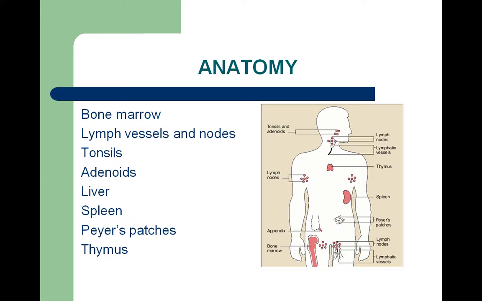If we look down near the groin, again we have those vaginal and penile openings and the anal openings, and so in order to catch any antigens that would enter in these regions, we have the groin lymph nodes.